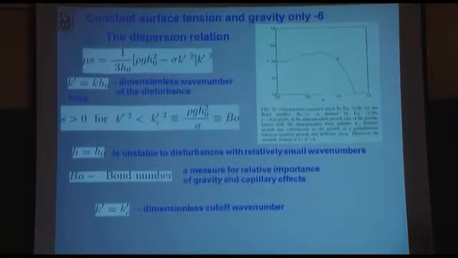So that's why this state will not remain forever, even for 1 centimeter thickness, even for 1 millimeter thickness, it will not remain there. It will become unstable with respect to sufficiently long disturbances.